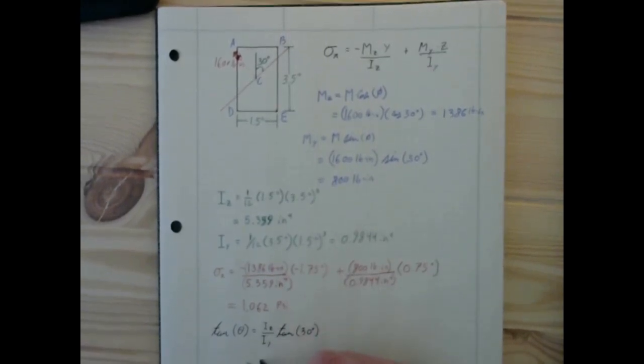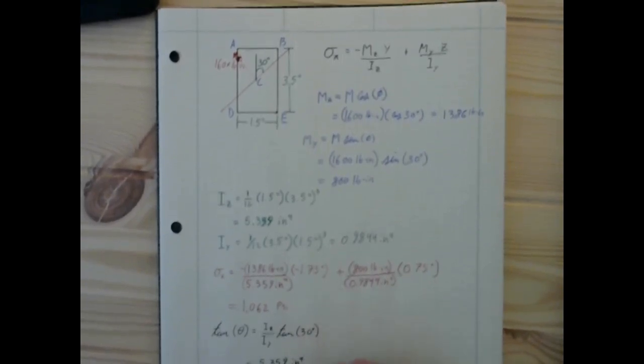So that's going to be 5.359 inches to the fourth divided by 0.9844 inches to the fourth times the tangent of 30 degrees.